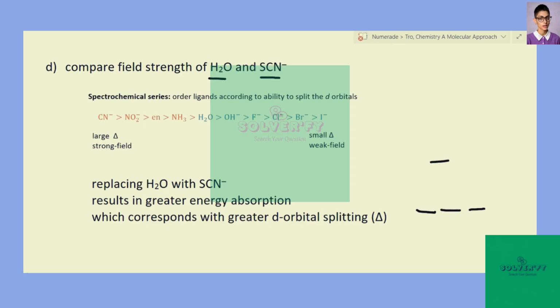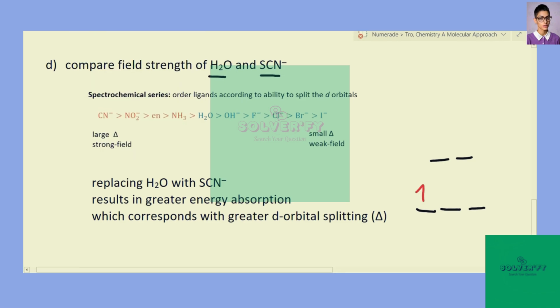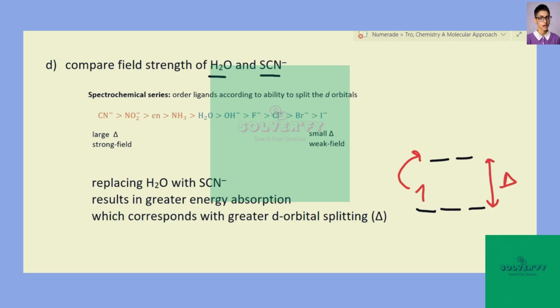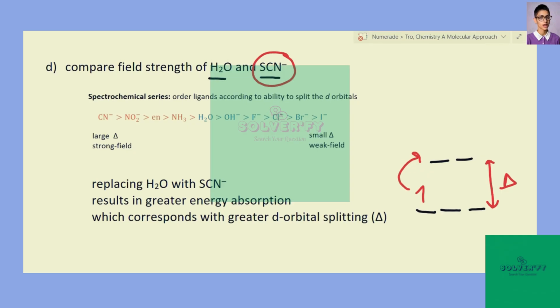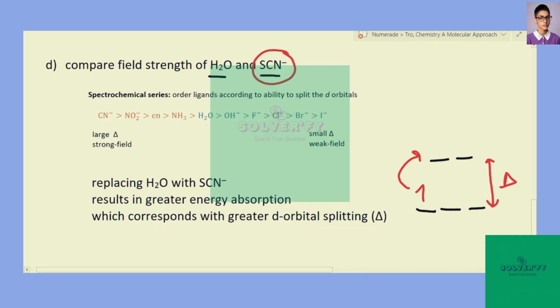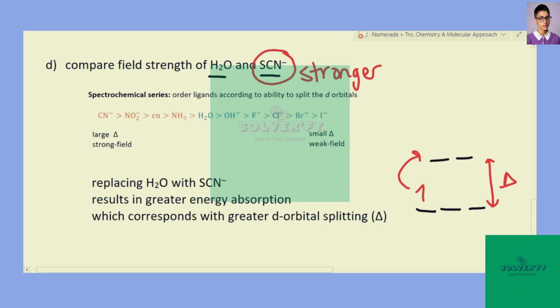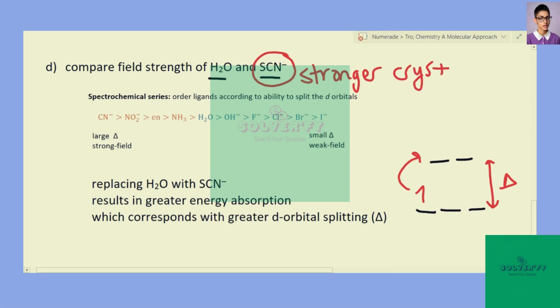If it takes more energy to cause an electron to jump from the lower energy to the higher energy, then that means that the crystal field splitting energy has increased. So it seems that thiocyanate is the stronger field ligand. So it has the greater crystal field strength.